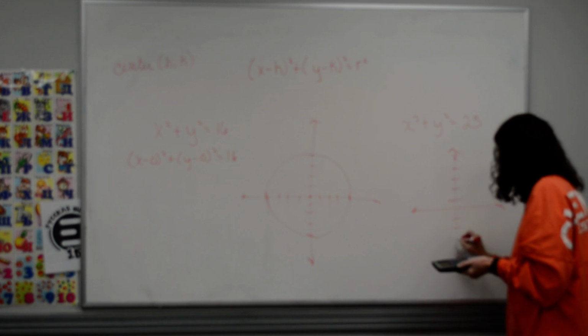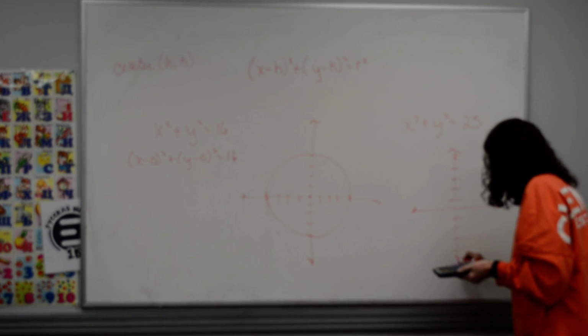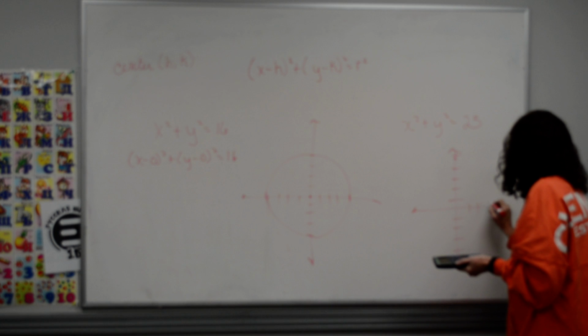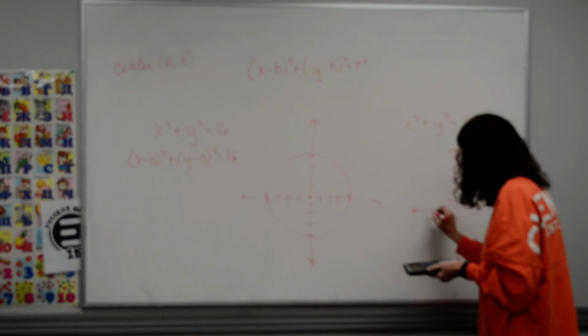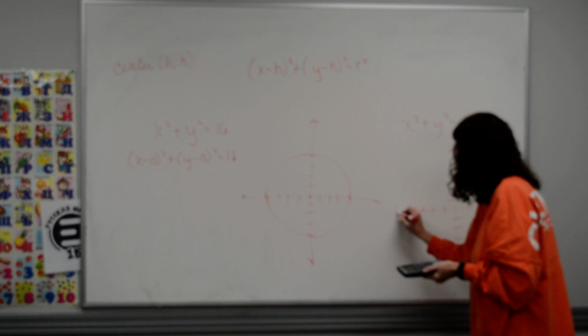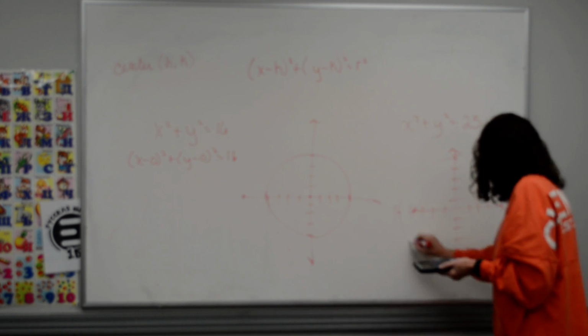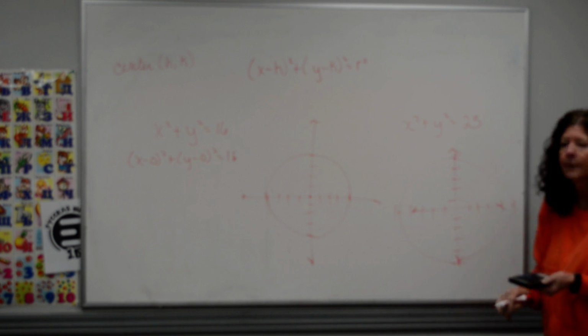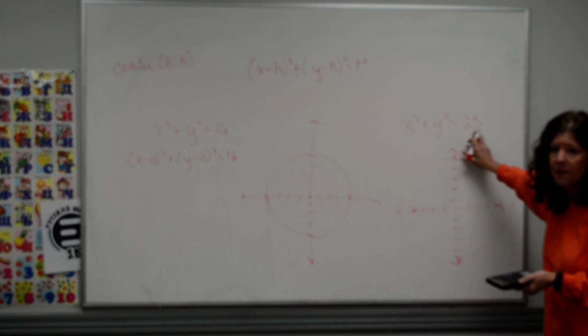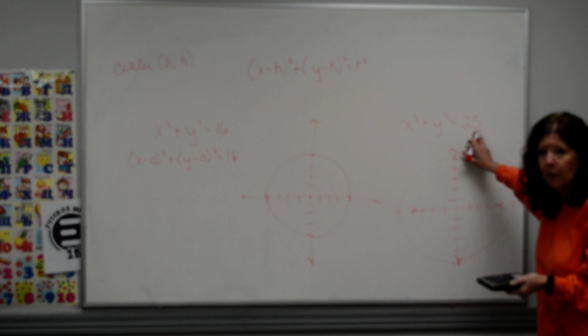I'm going to go down approximately 4.8. And I'm going to go to the right. And I'm going to go to the left. And each time, it's going to be 4.8. Okay, because the square root of 23 is 4.8. Okay, you with me?